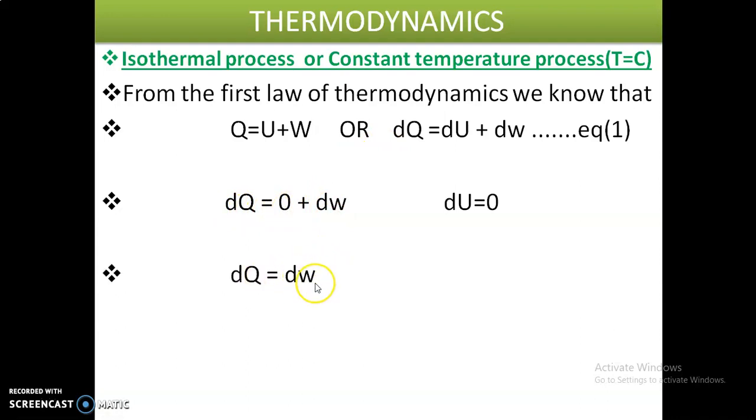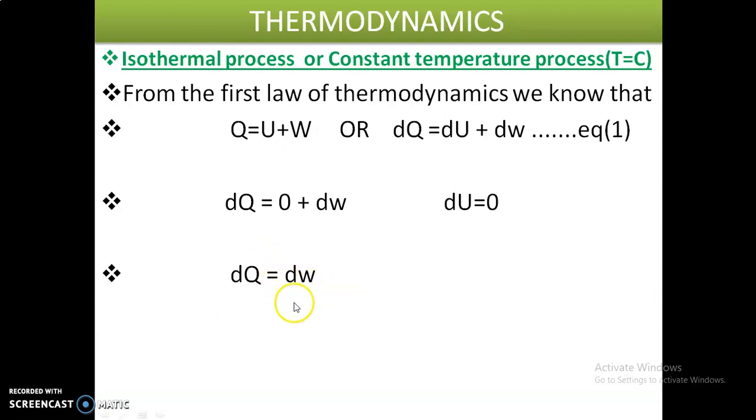Therefore dQ is equal to dW, which means the total heat transfer is equal to the total work transfer in the isothermal process.